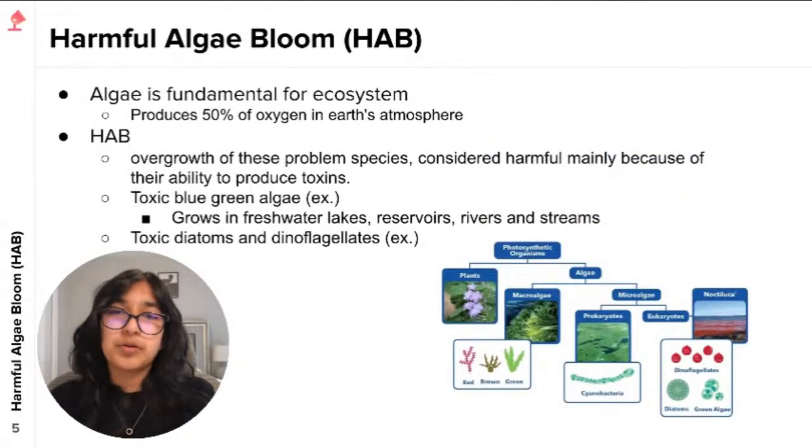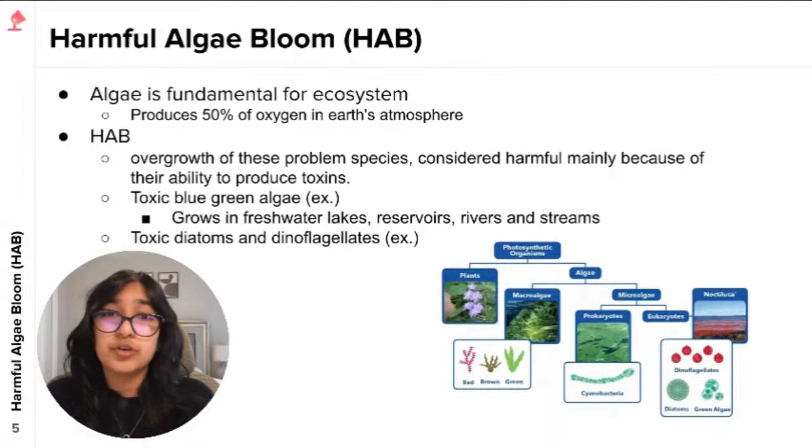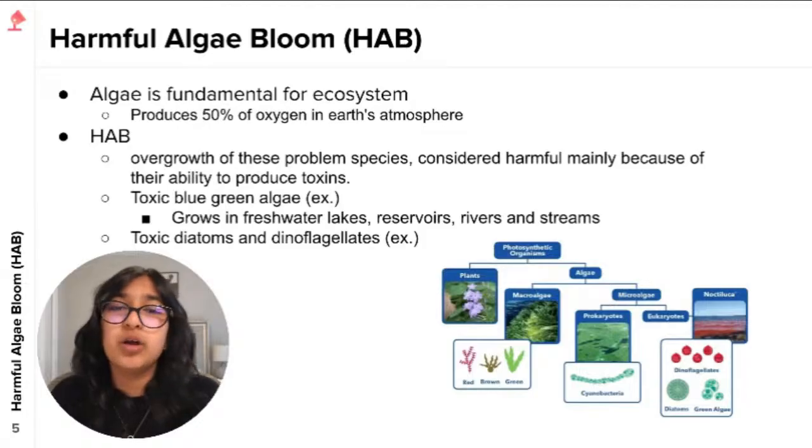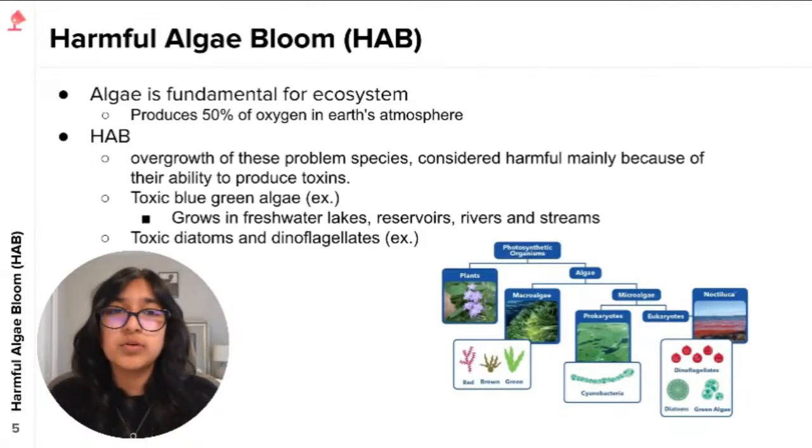Algae is an important part of our ecosystem because it produces about 50% of Earth's oxygen, but there are certain harmful algae, which is basically just the overgrowth of certain algae species. For example, toxic blue-green algae is the kind that is more common in our water bodies near us.